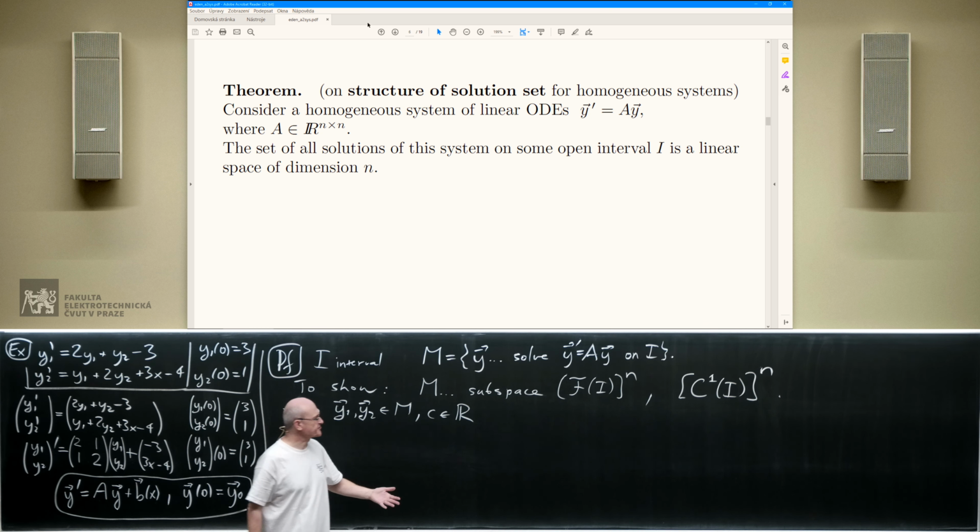Now, in order to do that, I have to translate this formal statement into real meanings. y1, y2 come from the set M, so it means that y1, y2 solve my equation, which I'm going to call star, on interval I. Then I have a number, and I'm asking, is it true that cy1 plus y2 solves equation star on I?